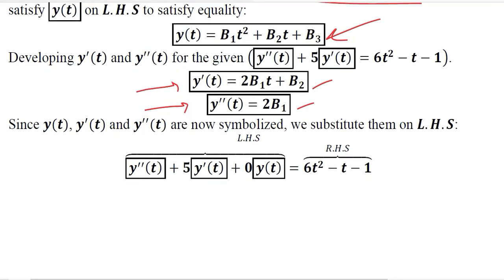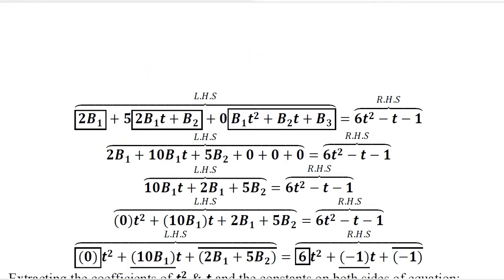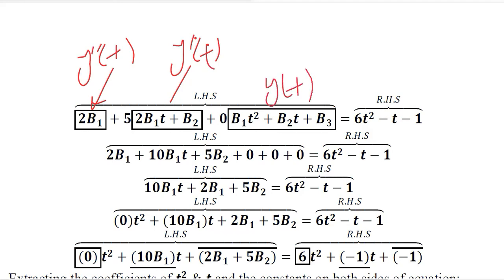Now we are going to equalize them. These are the two terms that were present, but this term is generated because in order to compare the two sides we have to come up with this component, which is the original function and its derivative, and then the second order derivative. So now let's put the values. This is the value of y''(t), this is y'(t), and this is the value of y(t).